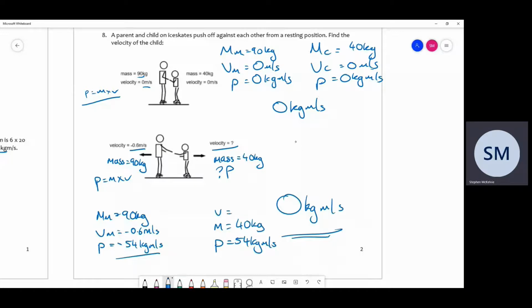And the velocity we can find out by rearranging our equation. Momentum is mass times velocity, so momentum divided by mass will equal velocity. Momentum, 54, divided by 40, gives me 1.35 meters per second. Now notice I'm giving this as positive velocity because we've given the mother's as negative velocity and negative momentum.